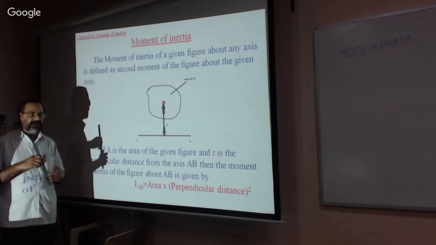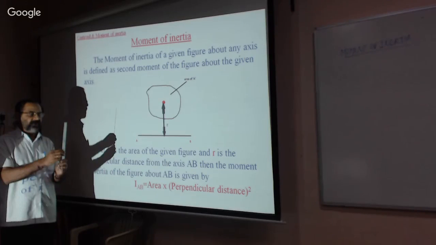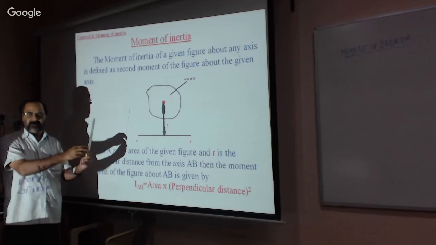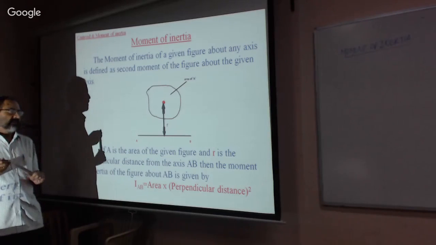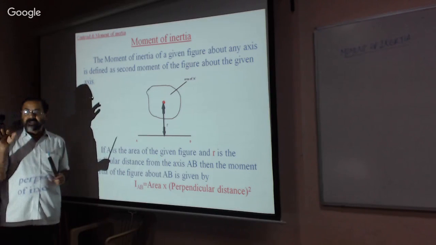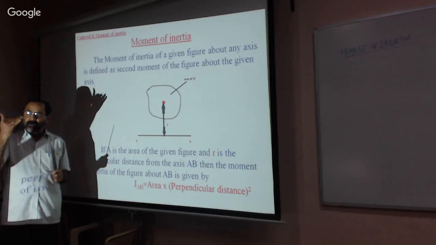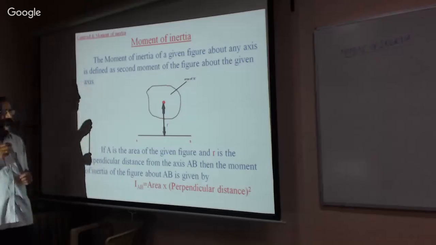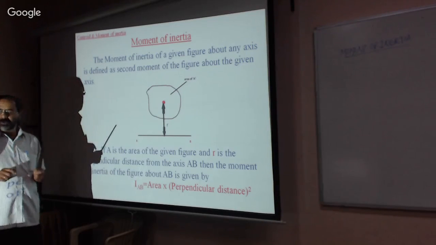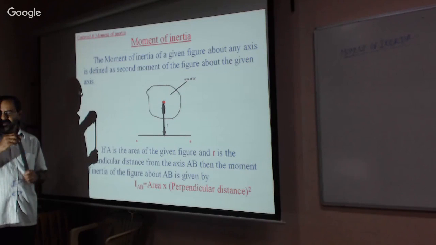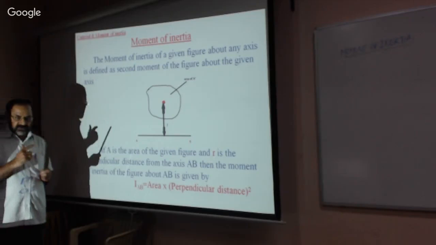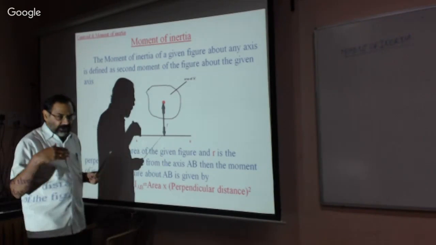One column is kept like this, the other column is like this, the other column is different. The positioning of the column is different, depending upon the load acting on the column. So, what we need to do is understand very precisely how to position the column to resist the forces or the loads.